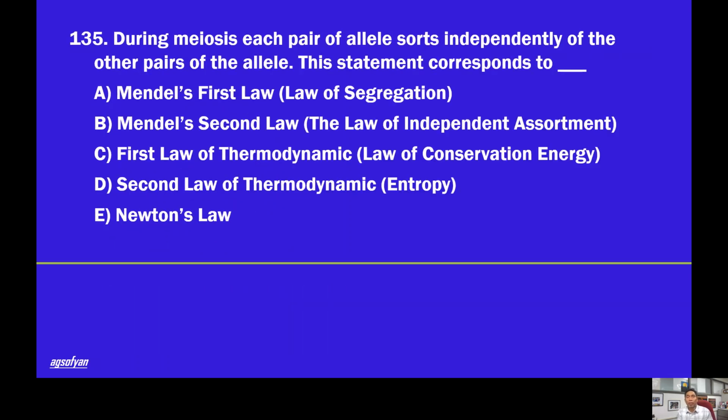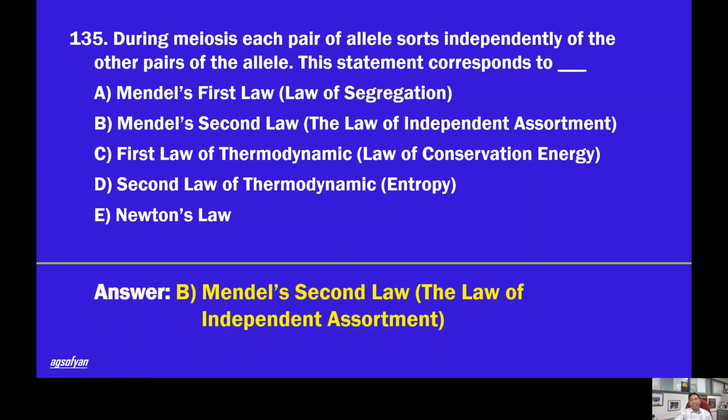During meiosis, each pair of alleles sorts independently of the other pair of alleles. This statement corresponds to Mendel's first law, Mendel's second law, first law of thermodynamics, second law of thermodynamics, or Newton's laws? Choose your answer.